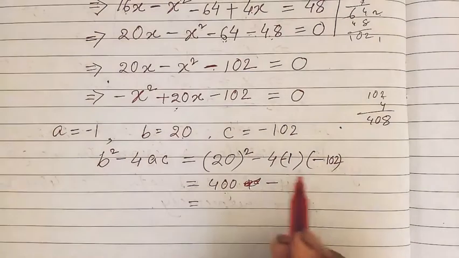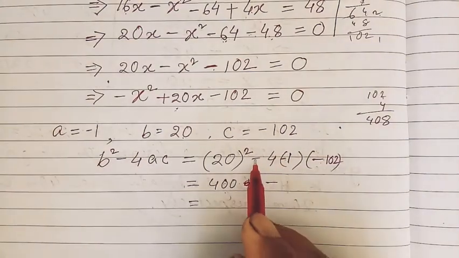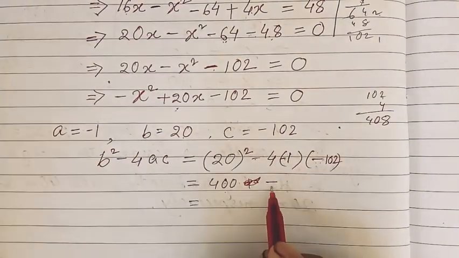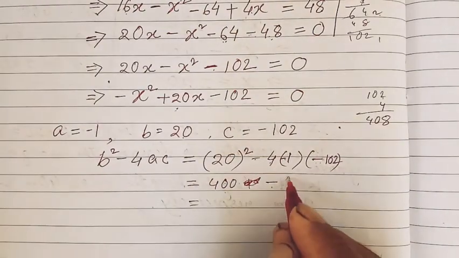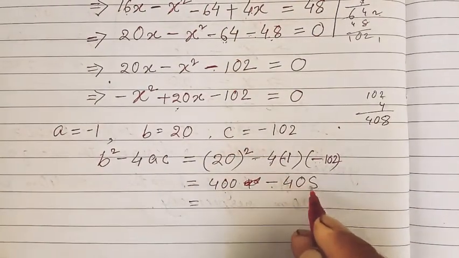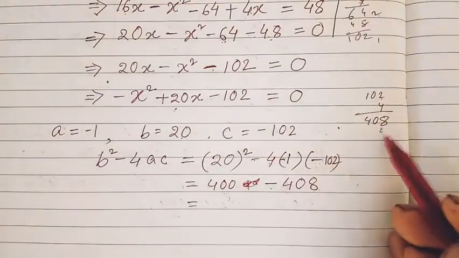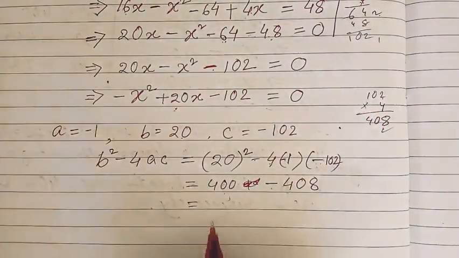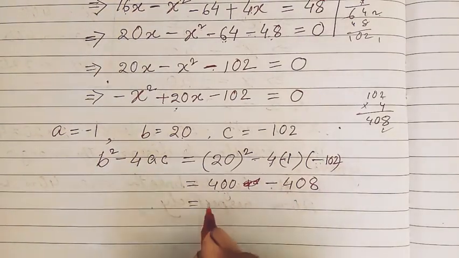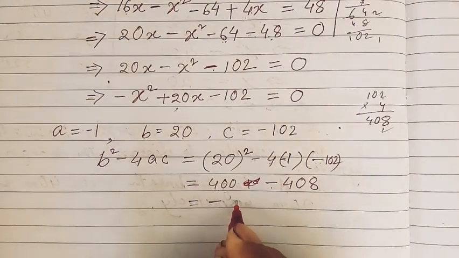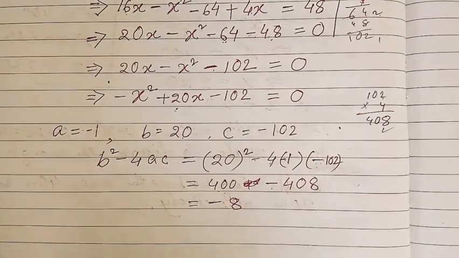B is 20, a is minus 1, and c is minus 102. 20 square is 400, minus 4 into minus 1 into minus 102, you will get 408. From here 400 minus 408, you will get minus 8.